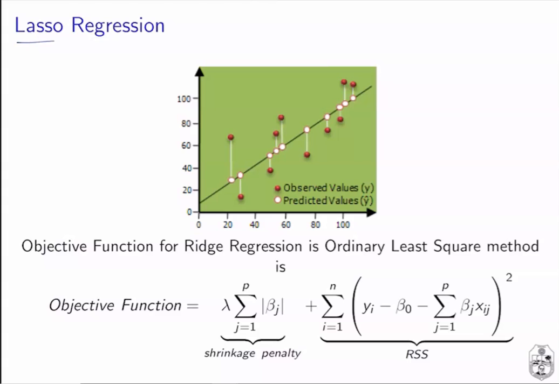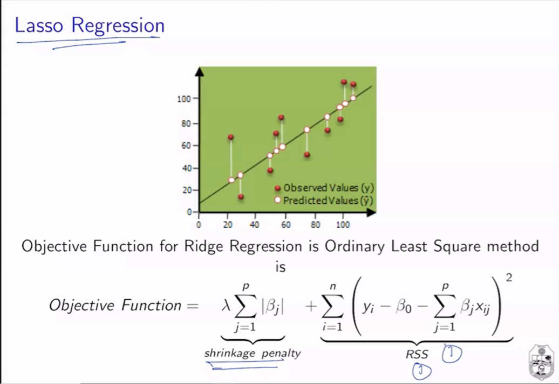Now, in case of the lasso regression, which is the second type of regression shrinkage method, the objective function that we are going to use is slightly different from that of ridge regression. Concentrate here on the shrinkage penalty. Like the ridge regression, it has two components. The first component, the RSS, is the same as that of the ridge regression.